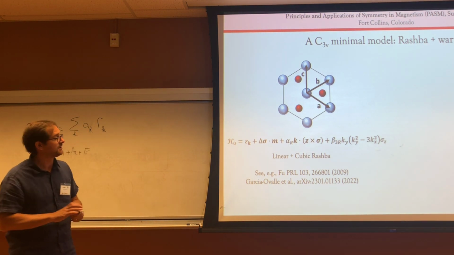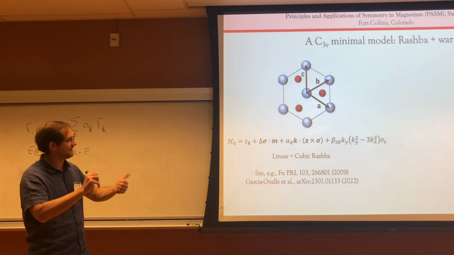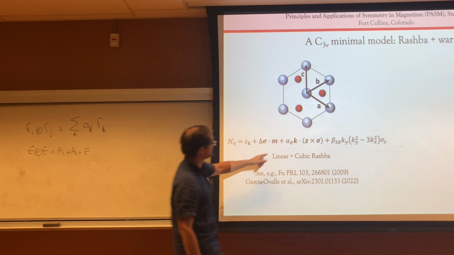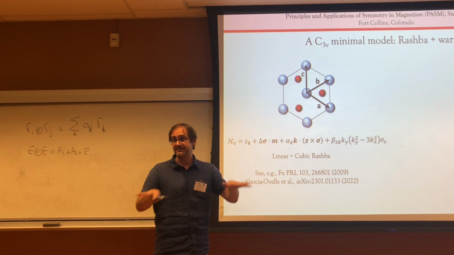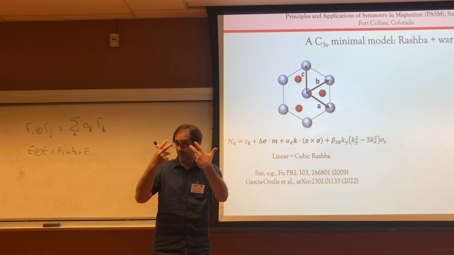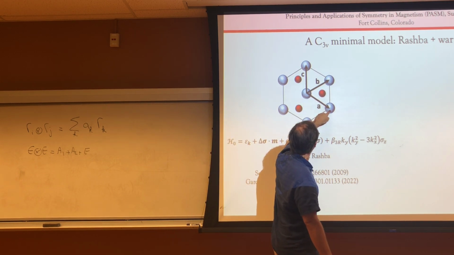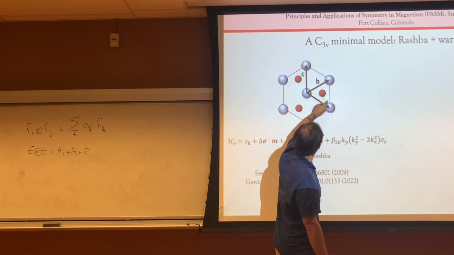So what we did is I was playing with my hands, trying to see what kind of spin-orbit coupling we can have. So of course there is the Rashba spin-orbit coupling coming from the inversion symmetry. And from the microscopic perspective, you could say, if I jump from here to here, I can go this way.